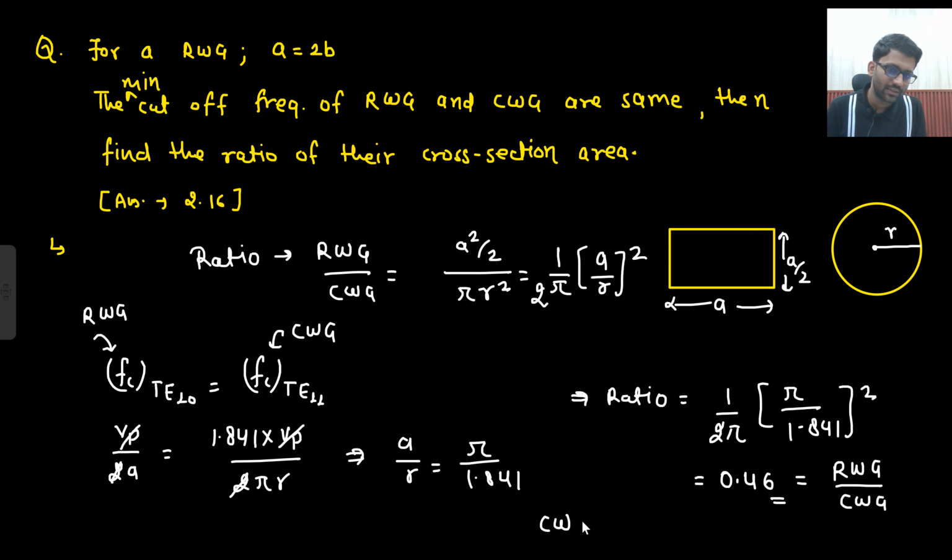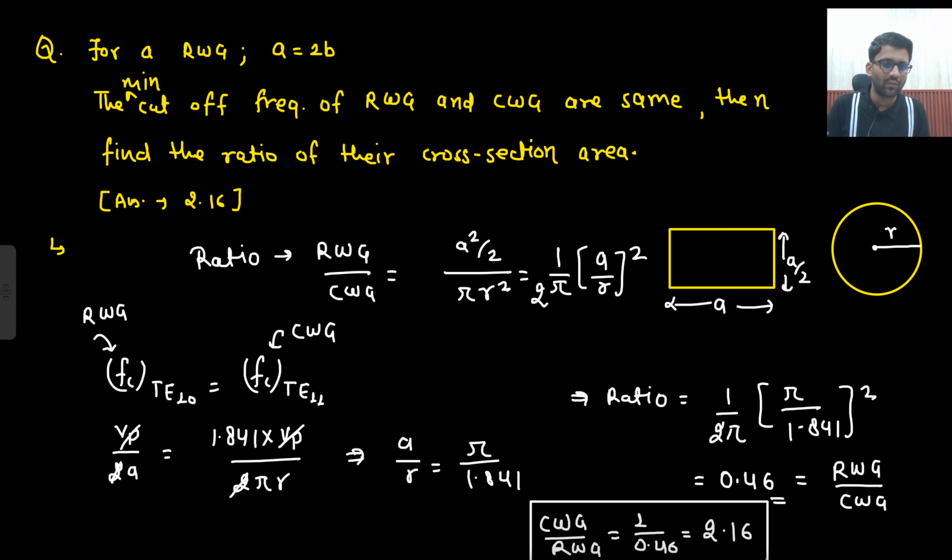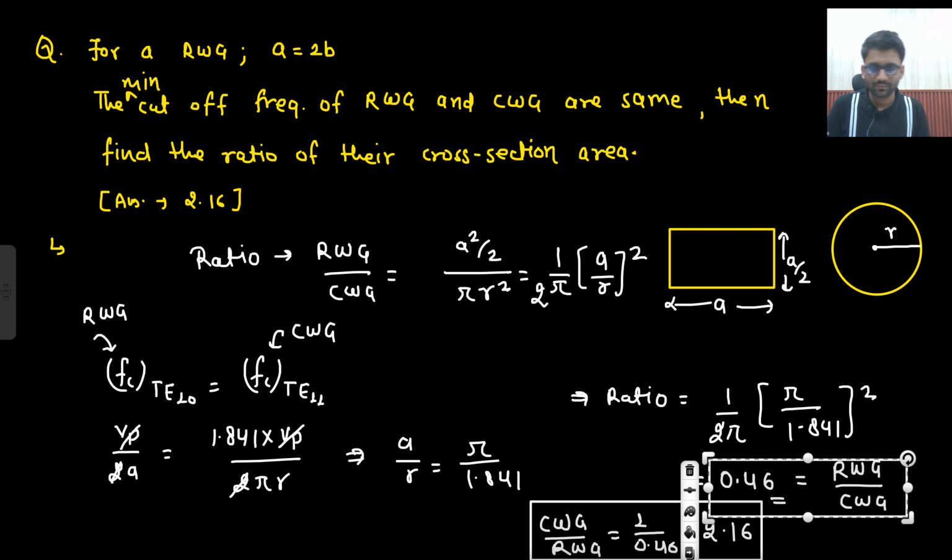If you need to calculate circular waveguide divided by rectangular waveguide, then that is 1 upon 0.46, which is equivalent to 2.16. So both answers you can check, whichever you like. It will be mentioned in the examination which ratio they are asking. So this is the way of solving this problem.